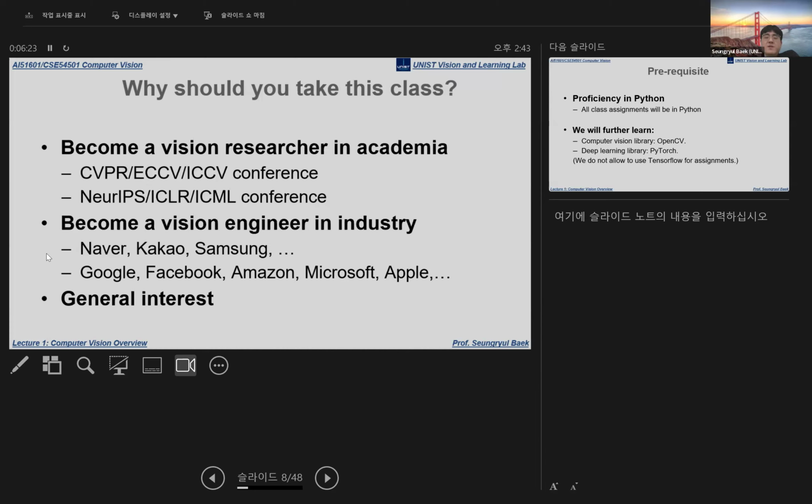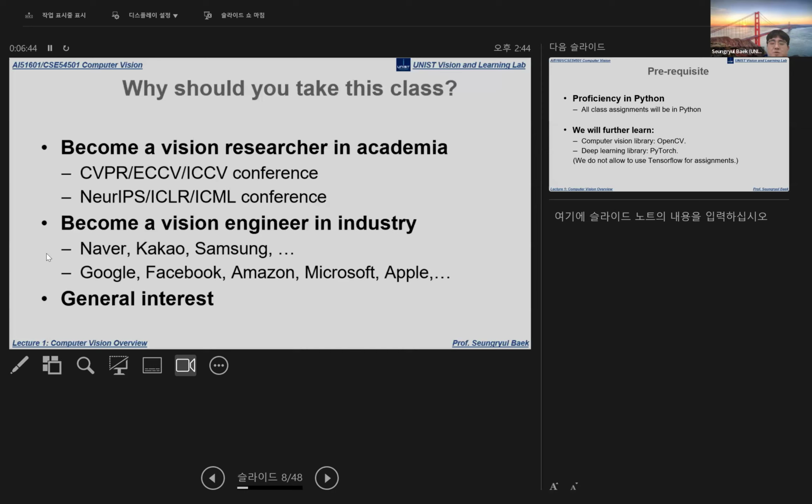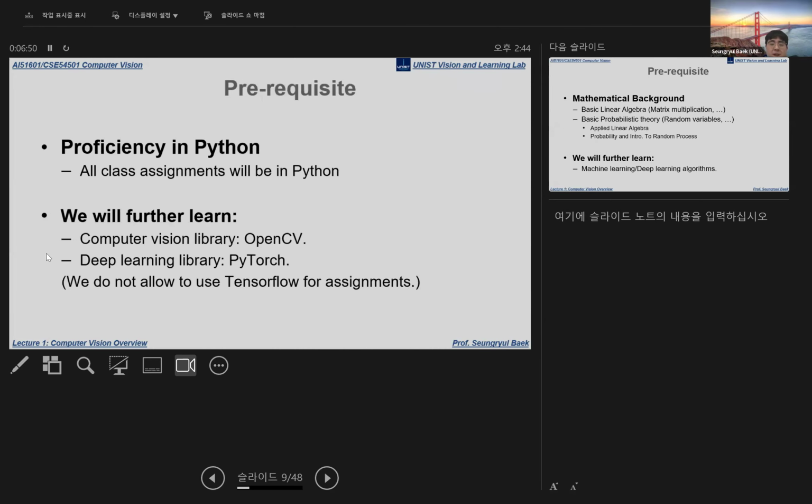So that's one reason. Or maybe you can be an engineer in industry as well. And also, some of you may have to take this course for your graduation, maybe class credit. Anyways, we can help you grasp more knowledge in the AI domain during this course.